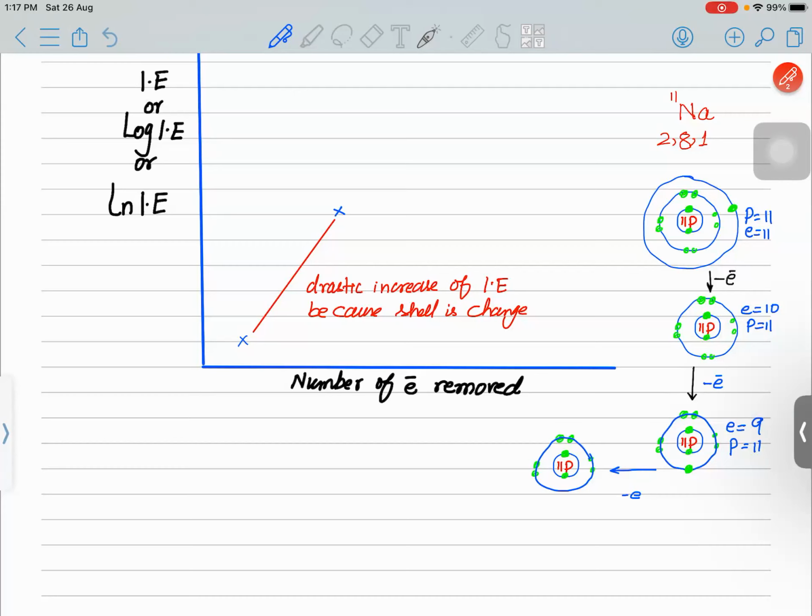Will it decrease? Now look, as you remove electrons, the number of protons remains the same. If the number of protons remains the same, nuclear attraction increases. Whenever nuclear attraction increases, ionization energy also increases. Exactly. Second increases, third increases, fourth, fifth, sixth, seventh, eighth increases.